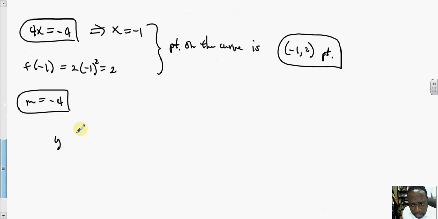So we have y minus y sub 1, which is y minus 2, is equal to the slope -4 times x minus the -1.